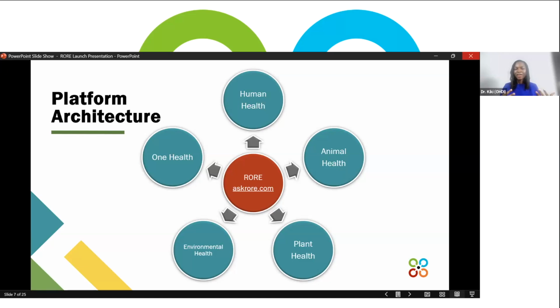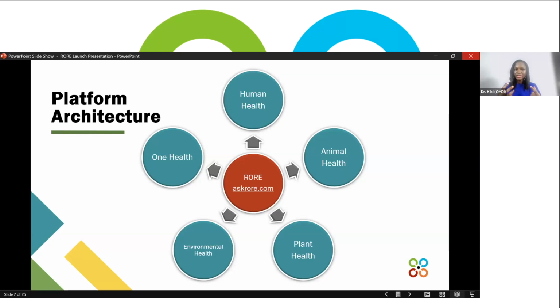So with Rore, you can have proper information, awareness and orientation as to how the connection is there. So it also gives some knowledge about One Health, because even though you came with a question about rabies, it helps you understand the other factors that contribute to an issue like rabies, which is the animal health part.